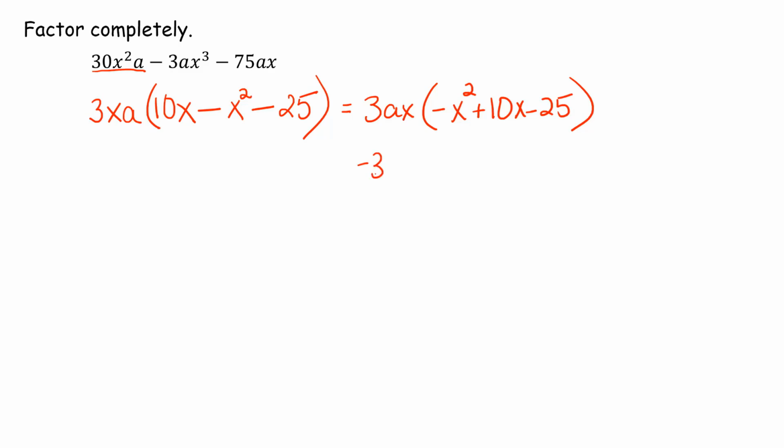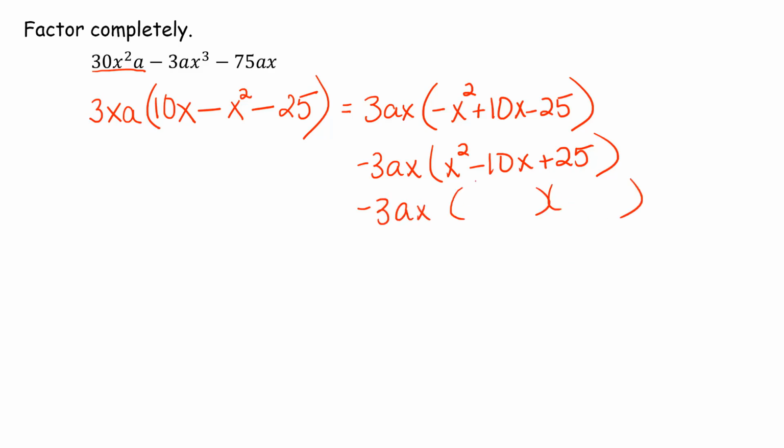So if I do that, I'll have negative 3ax, and I'll change all the signs here. And now I can factor that trinomial because I know I can put x here and x here, and I want two numbers that multiply together to give me 25 and add up to -10, and that's going to be -5 and -5. So that is the complete factorization of that problem.